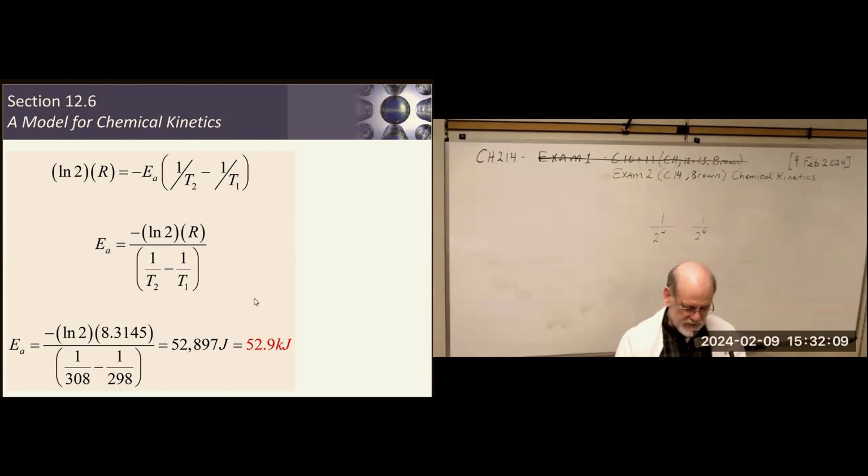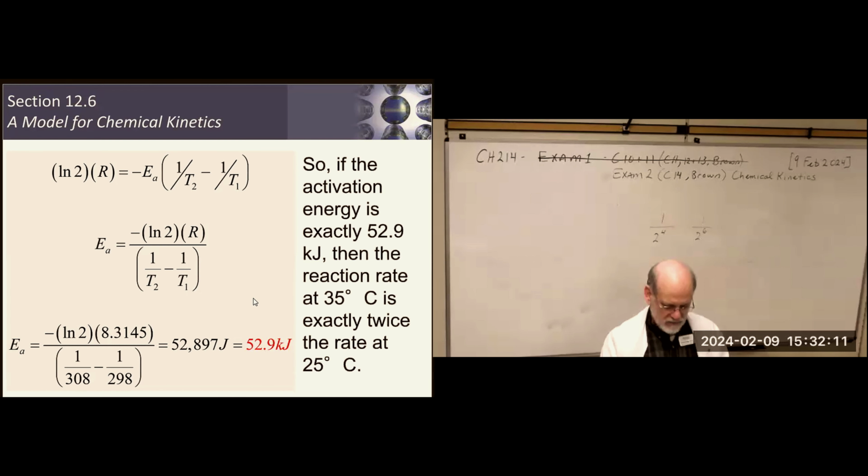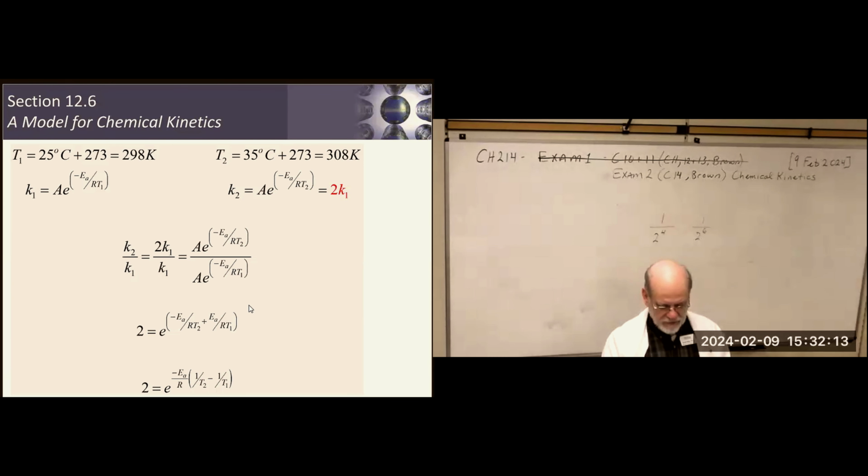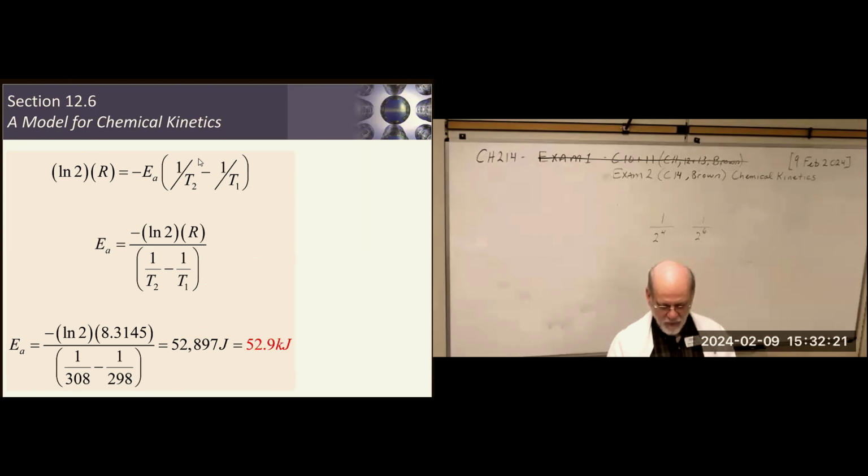And in order to go to this next one, I took the log of both sides. So the log of 2, and the log of e to the power is the power. So that's where the next one comes from. There's the power that we had, and here's the log of 2, and I just moved the R over from underneath Ea. Now I'm trying to get Ea on one side of the equation and solve for the rest of them.